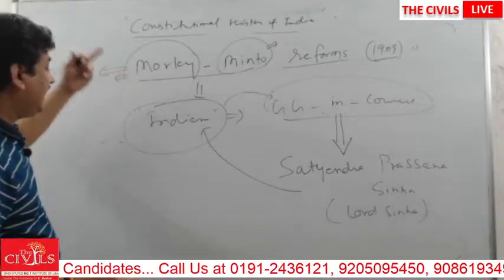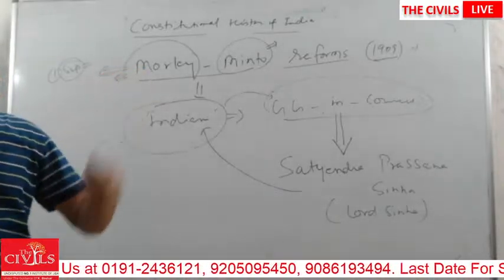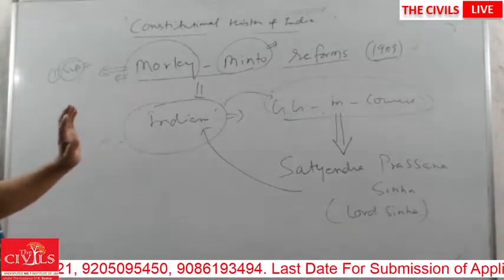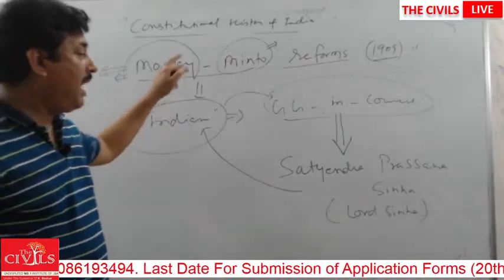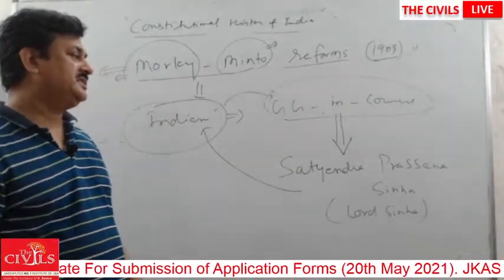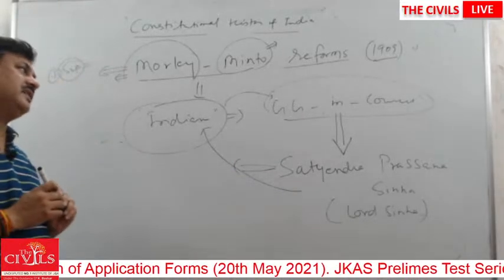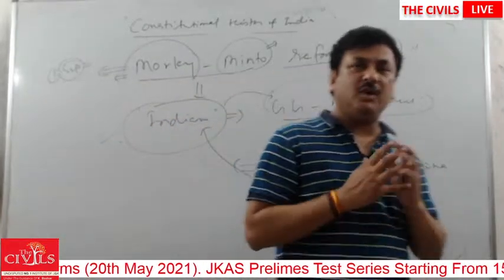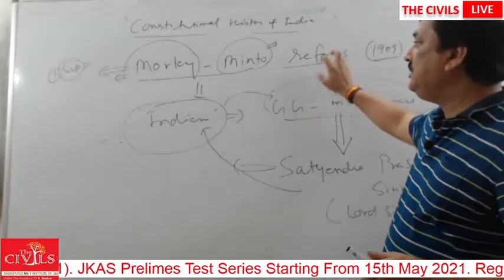And this act also allowed the inclusion of Indians. For the first time, by this act, Indians became part of the Governor General in Council, and Satyendra Prasanna Sinha was the first Indian appointed. So the inclusion of Indians in the Governor General Council was one of the important features.